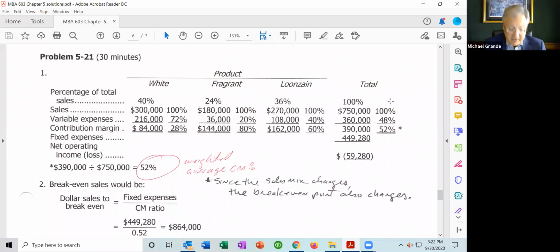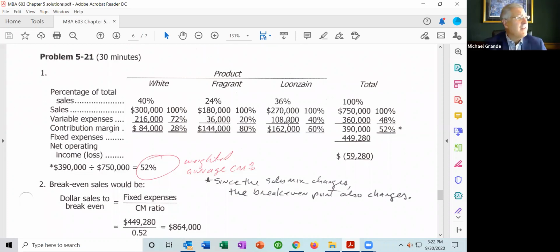So the sales mix is different. But the variable expenses have to stay the same as a percentage. If you look at the problem, it said white had a 72% variable expense. You need to use that in figuring this out.